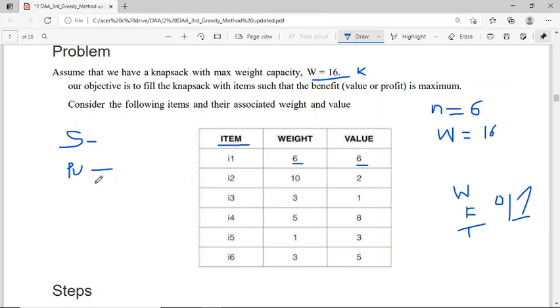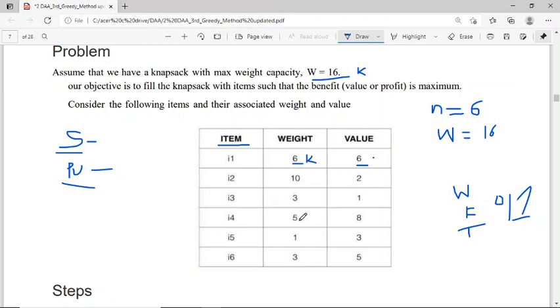Okay, now we are using the fraction. So take the example of a kirana shop. Item 1, the weight is 6 kg, and the value is 6. Item 2, the weight is 10 and the value is 2. Item 3, weight is 3 and value 1.